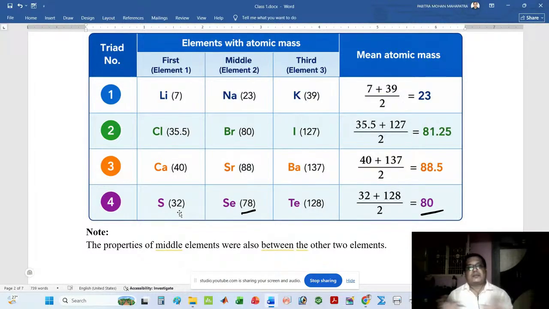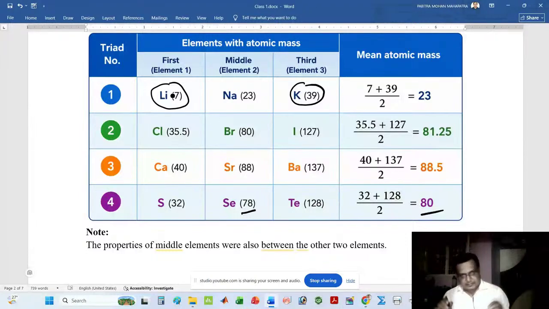There are different types of properties available. If you think about the property of the first element, suppose the property of lithium, and think about the property of potassium. What may be the property of these two elements? There is a variation. There must be a variation.